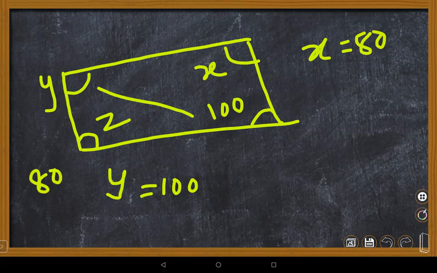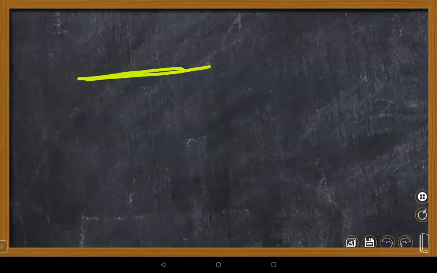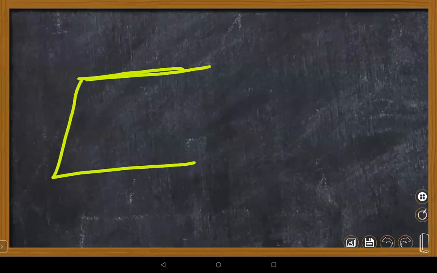Right. Next, Manideep. Manideep, are you there? Yes, ma'am. Can you hear me? Yes, I can hear you, Manideep. Please answer this question. This is a quadrilateral. The diagonals are given.